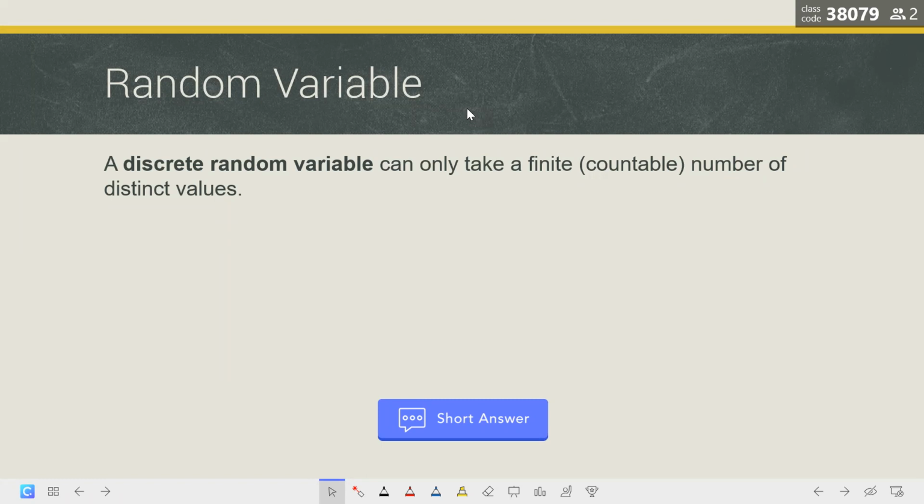It could be infinite, ano yun? Countably infinite. When we say countably infinite, we are counting up to infinity. It's still countable. It's that it's way too long to count. Ganon. So, a discrete random variable can only take finite number of distinct values. Okay.